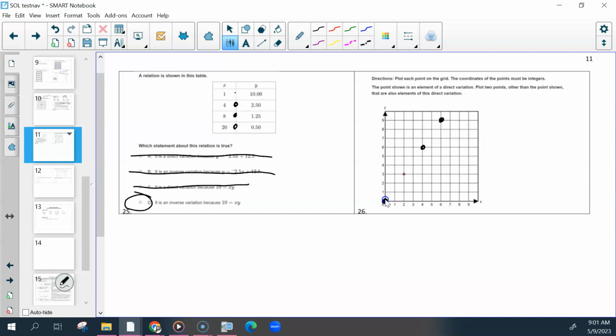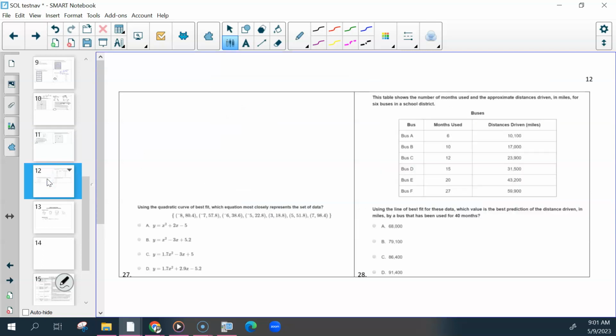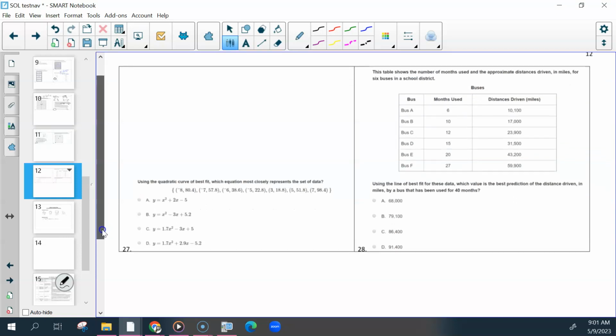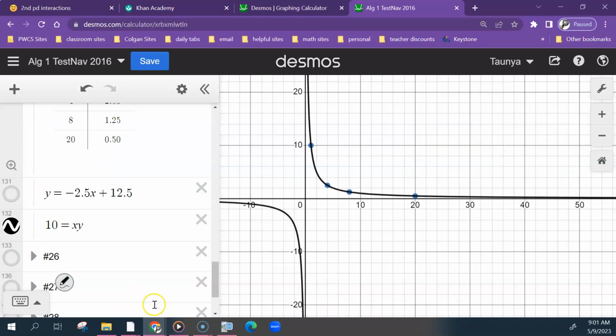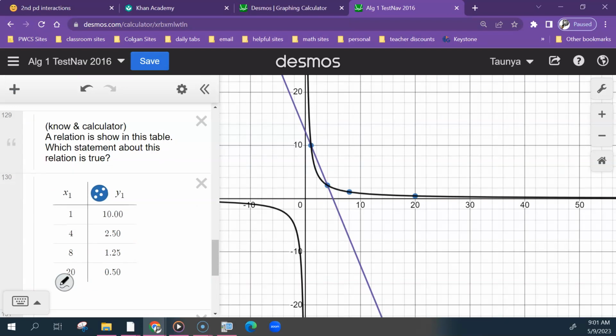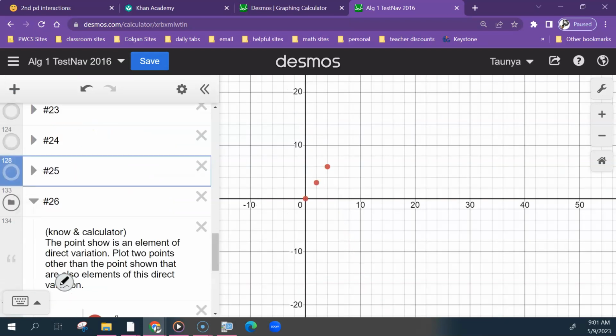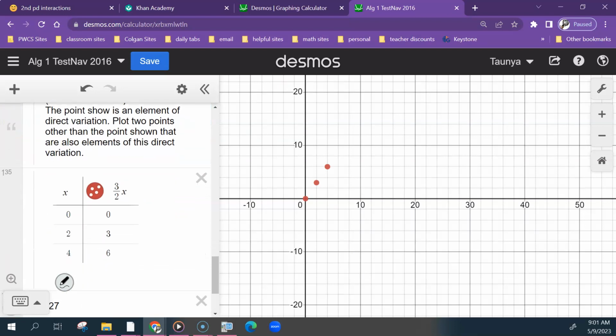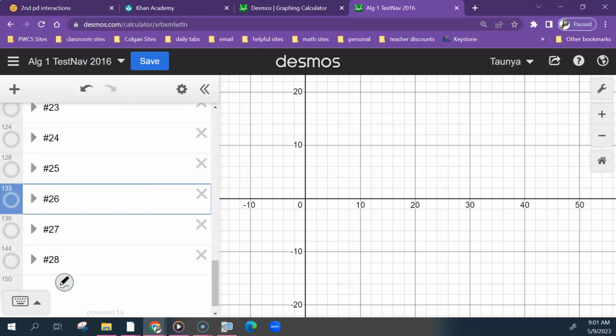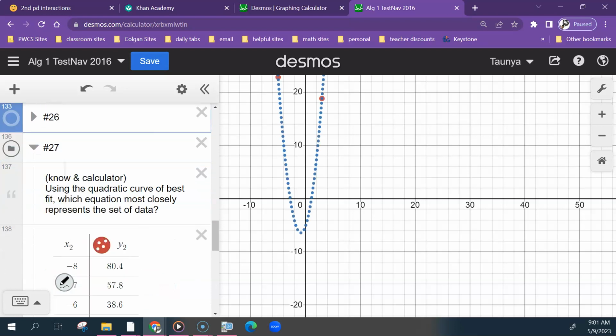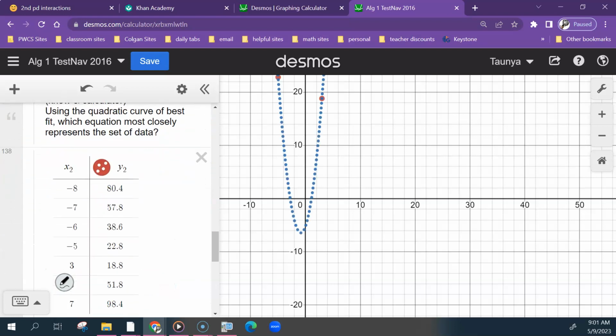Okay. The last 2 were curve or line of best fit questions. So if I put in all the dots, I see that this is a quadratic, but that doesn't really help me because all the answers are quadratics.